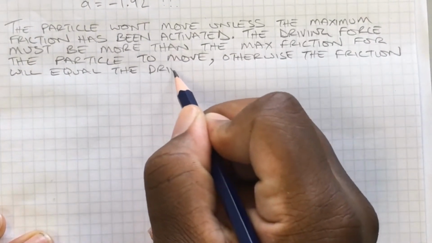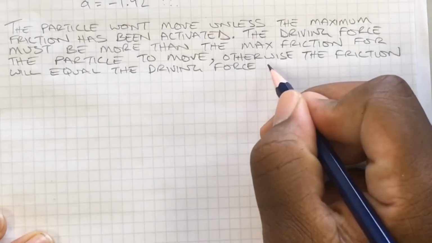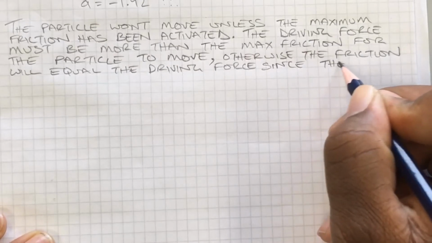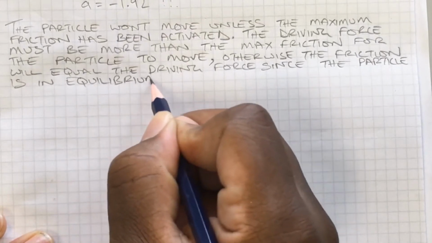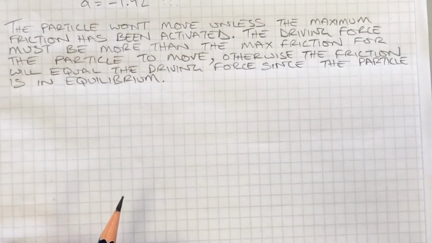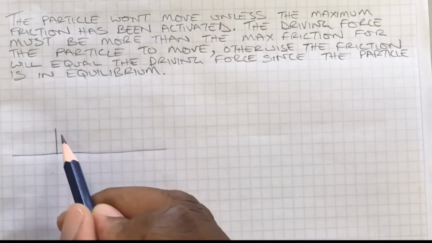If it's not in motion, it's in equilibrium. If it's in equilibrium, then the force to the right, the driving force, must equal the force to the left, the friction. The friction is not always going to be the maximum friction. So we need to be really clear on our understanding around that.